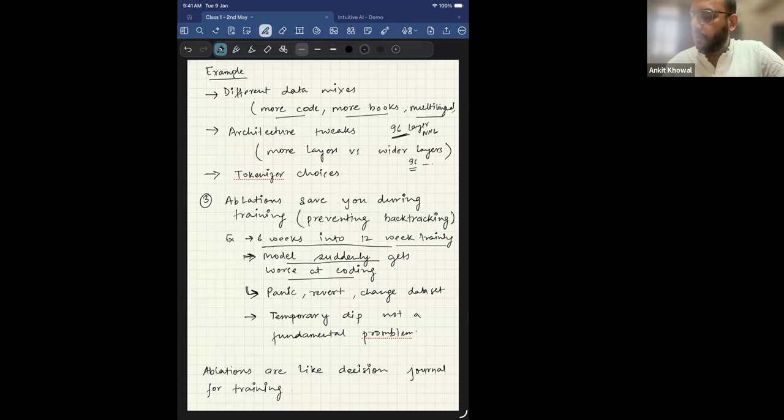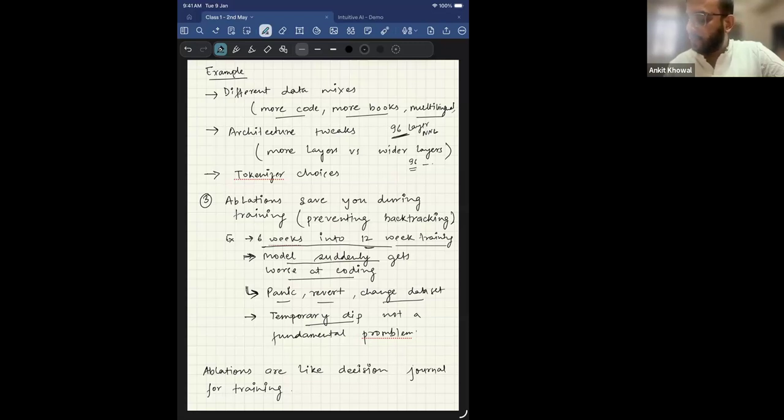Obviously, the team will panic and revert the changes in the data set, right? But if you have done ablations or experimentation beforehand, you can confidently say, hey, this is a temporary dip, I know it is for a small amount of time, and the model will predict correctly after 12 weeks of training. So it gives you that confidence.